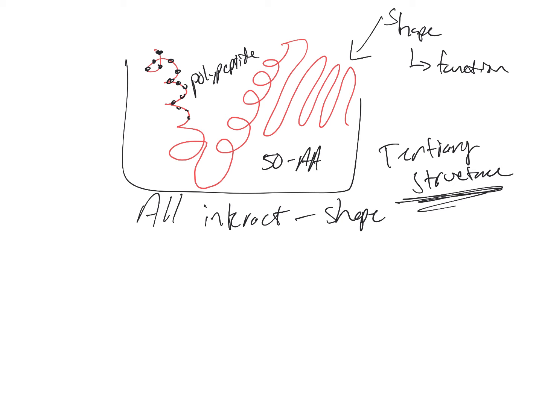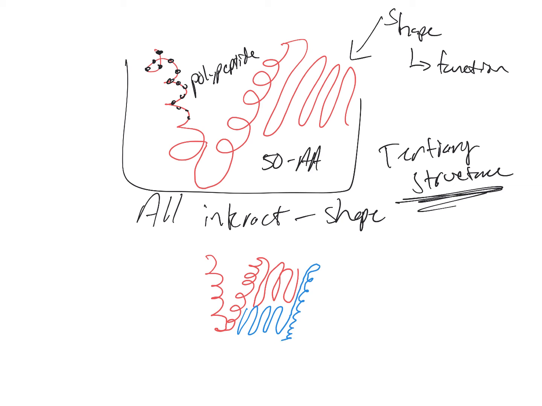What can happen then is you might have one chain that looks like the one I've drawn up here above, and then you might have a second protein that interacts with it as well. And we got some random coils down here.